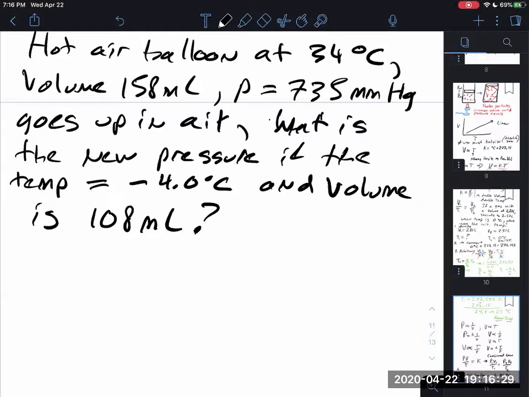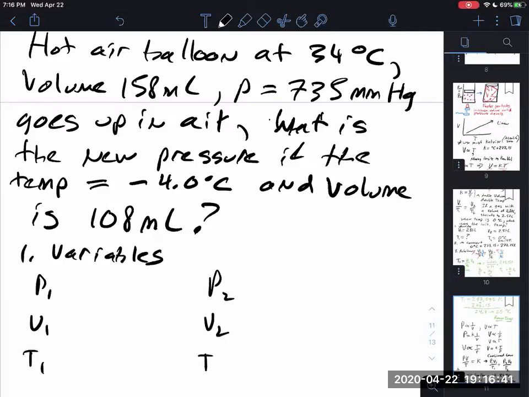So for this one, same kind of thing. Let's find the variables. So P1, V1, T1, P2, V2, T2.